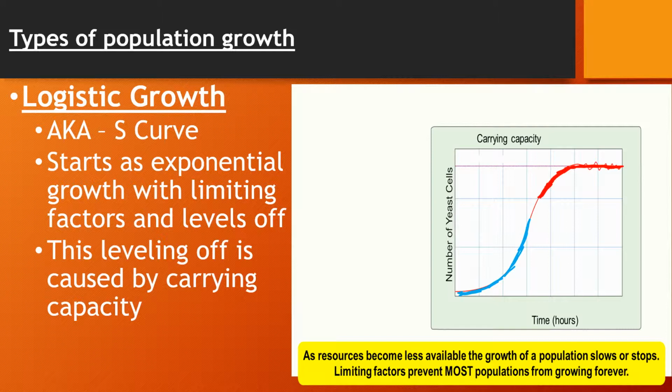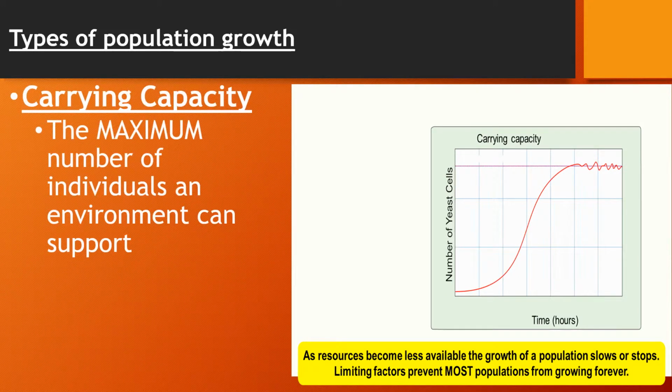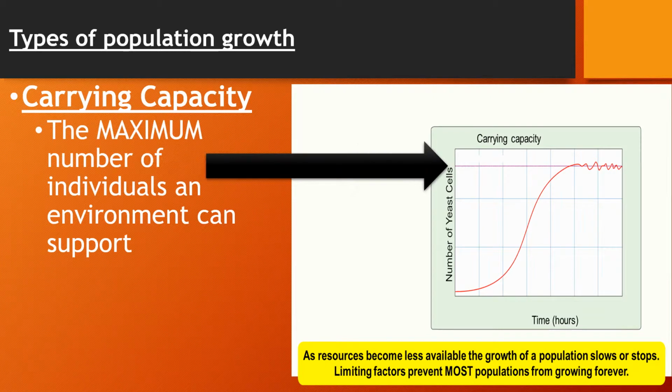And so as resources become less and less available, the growth of the population will slow down. So we can see right here, it begins to slow down or stop. We see a constant there because of limiting factors. Carrying capacity is the maximum number of individuals an environment can support.